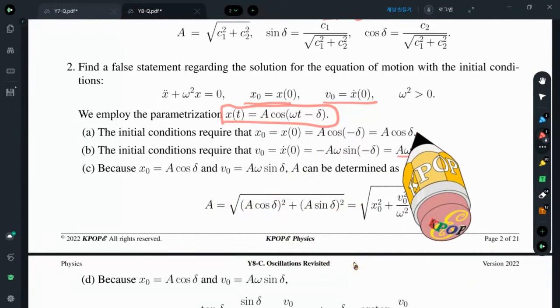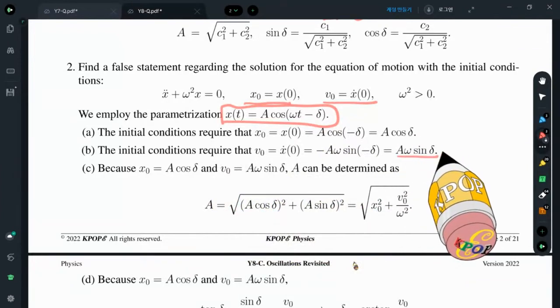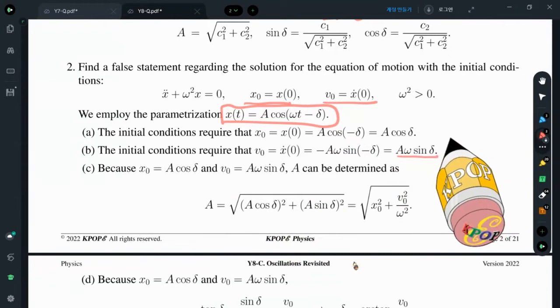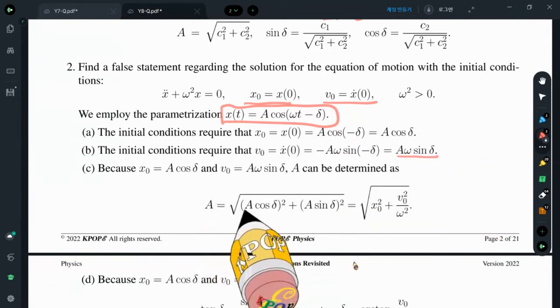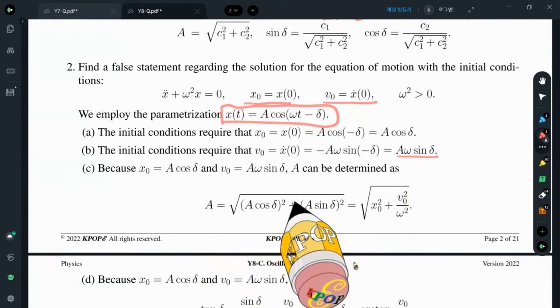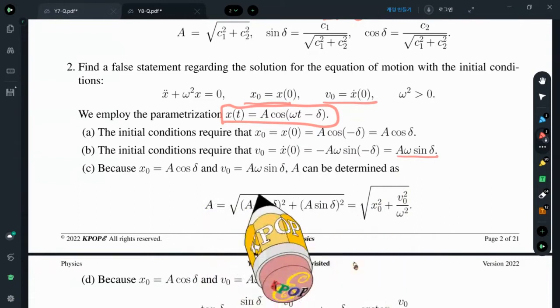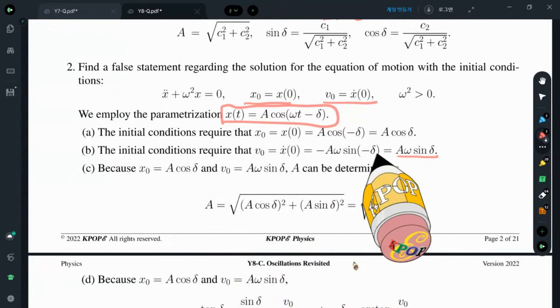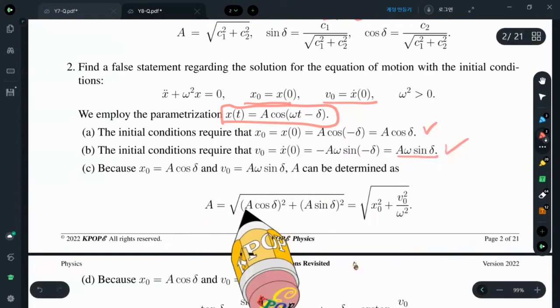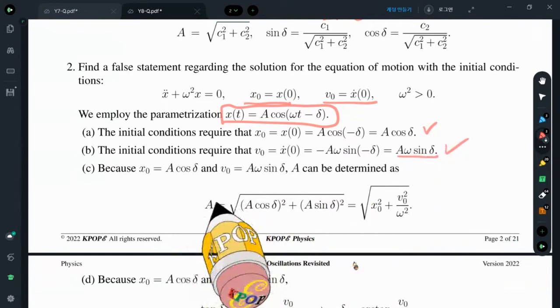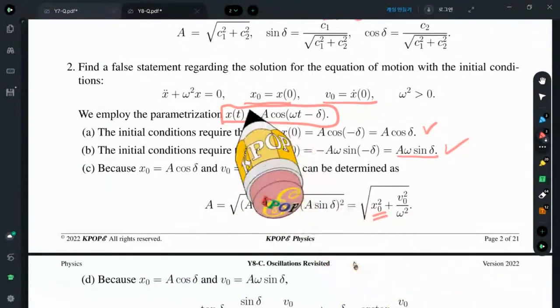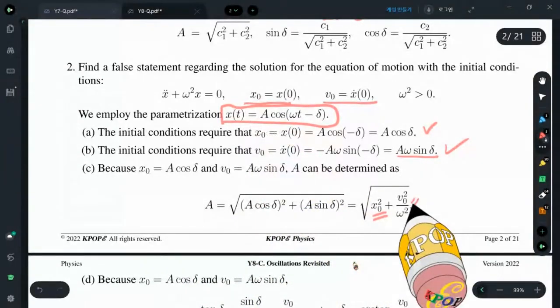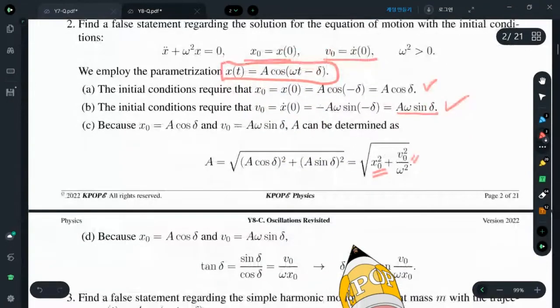As we know, the cosine squared plus the sine squared sum is always 1. Therefore, A can be written as a sum of the cosine squared and the sine squared, and then take the square root. Using these two conditions, we can express the amplitude in terms of the initial value for the position and velocity completely.